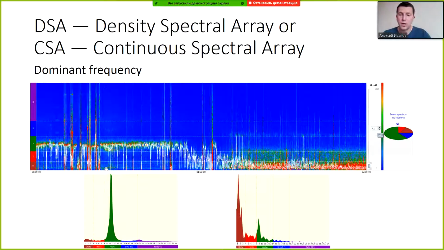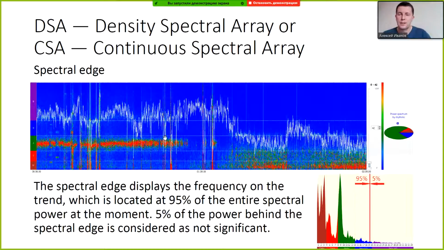Dominant frequency shows the maximum peak of the spectral graph. On the left side of this trend, we have a spectral graph like this with maximum frequency in the alpha range, and on the right side we have a spectral graph like this with maximum in the delta range.